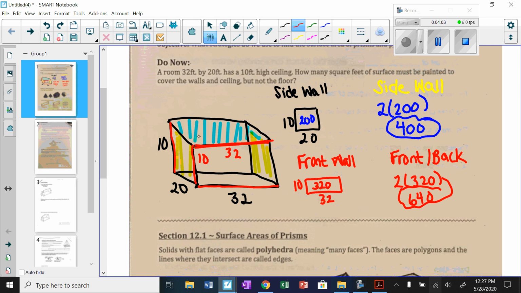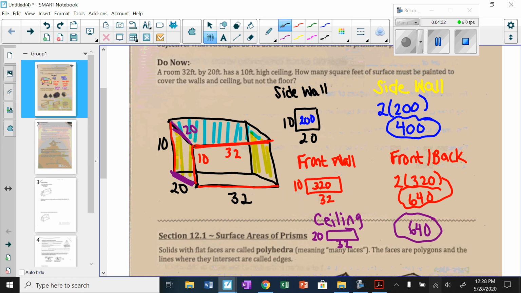And the height is going to be here. This bottom part of the rectangle is 20, the top part is also 20. So we are a 32 by 20 rectangle. We are talking about the ceiling right now. 32 by 20 is going to be 640.